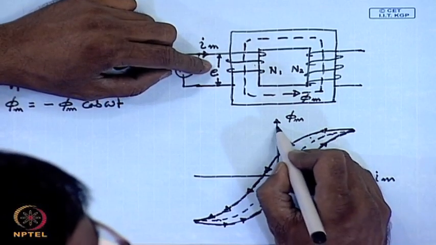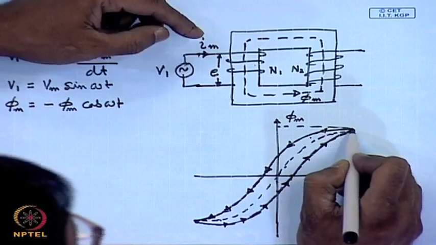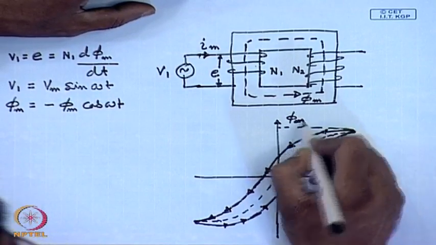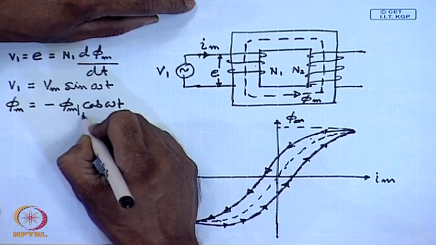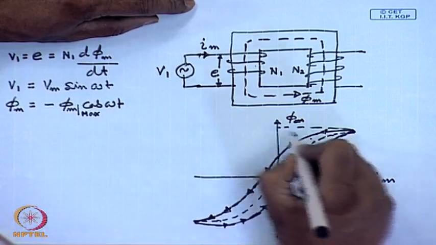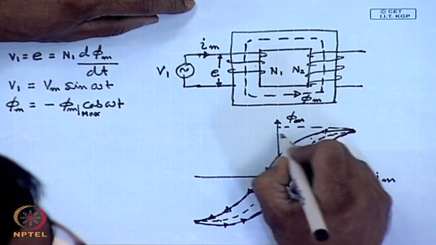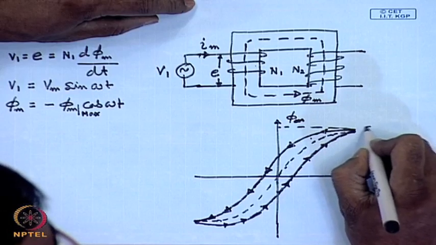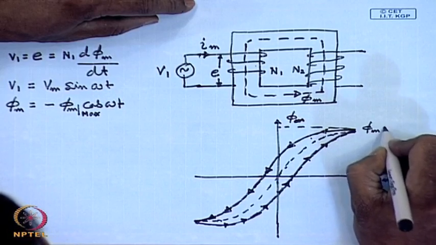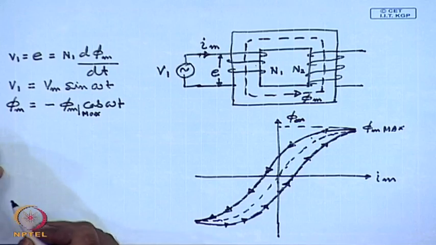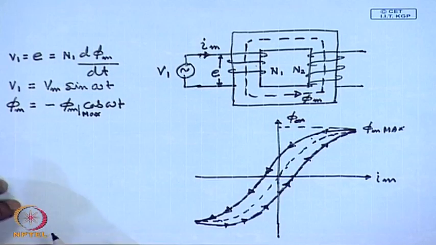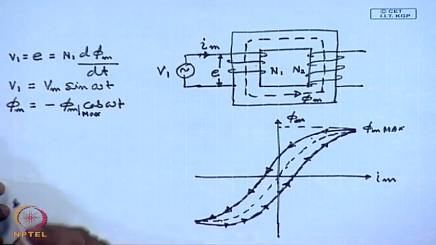Let us say this is the level of phi m max. So, let us try to draw what will be the current Im if this is the phi m max.